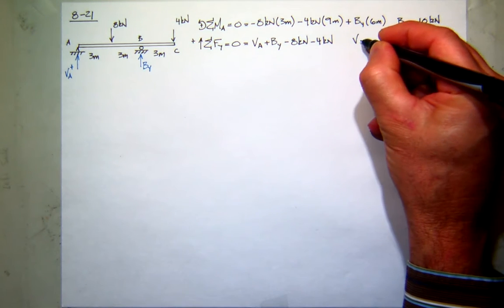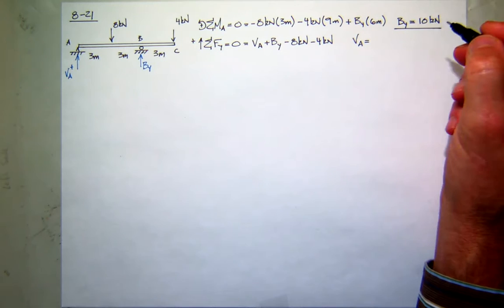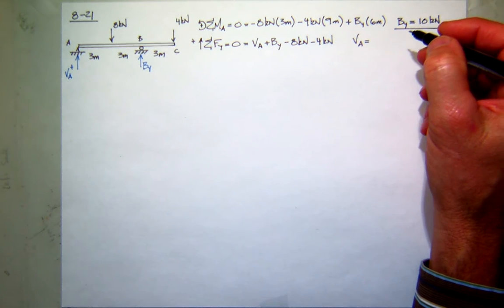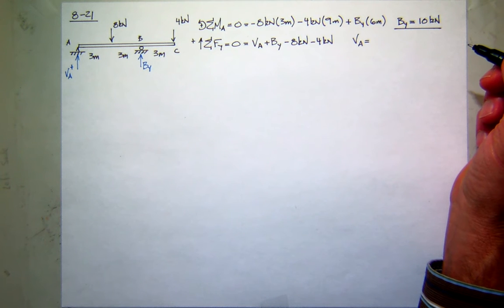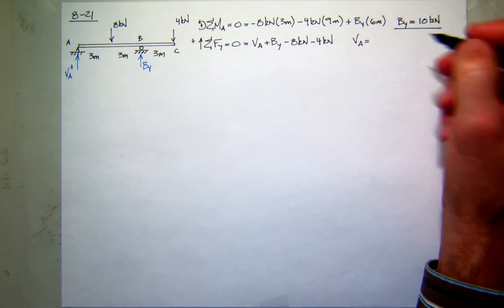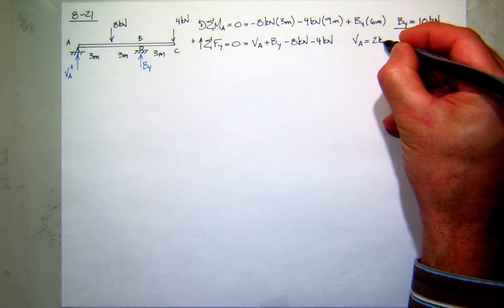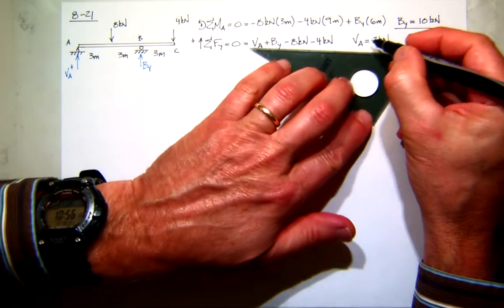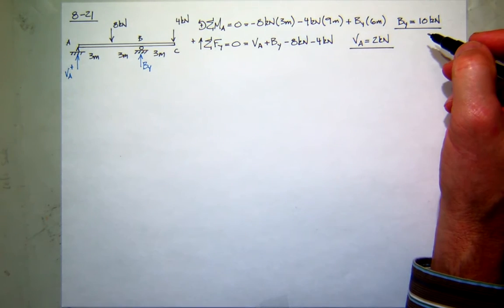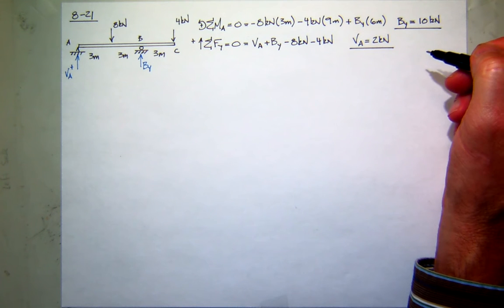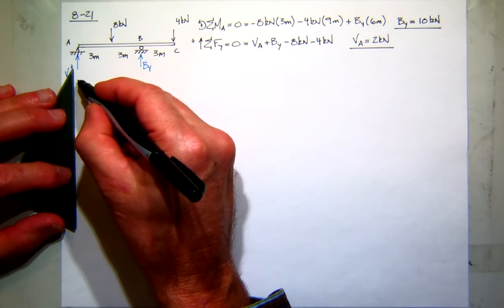So what is the shear at A? 2. Seems reasonable. Did I do that right? Yeah? If we don't get this right, we're kind of dead in the water getting started. Does that look okay? So now I can draw my shear and moment diagram.